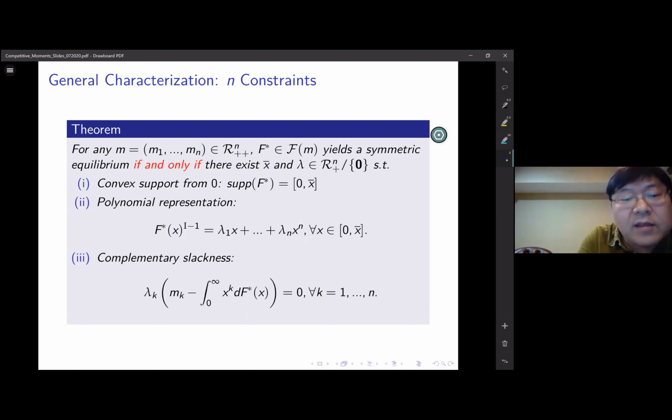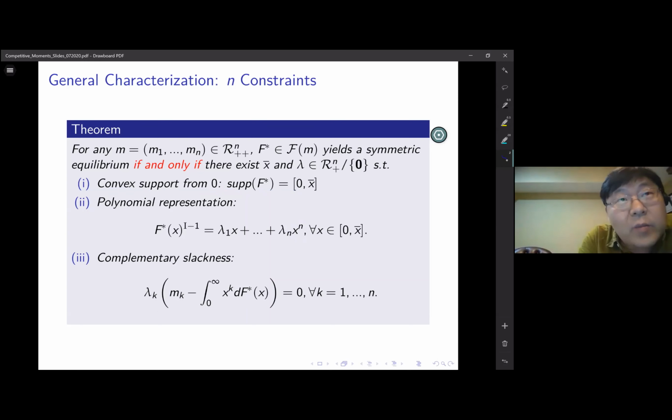And finally, this is the usual complementary slackness. For each k, for each moment, either the constraint is going to bind or the Lagrange multiplier, lambda k, is going to be equal to 0. I didn't really talk much about the first one, but I guess this is intuitive.